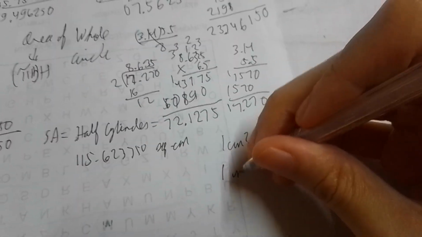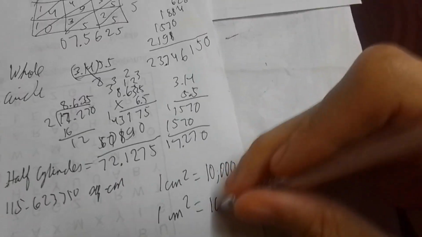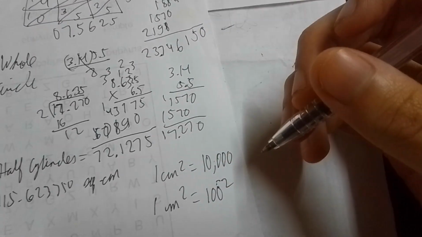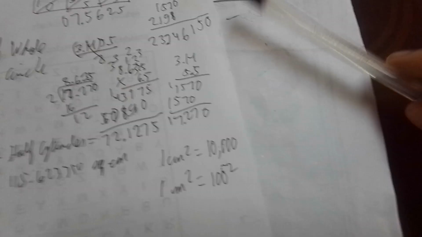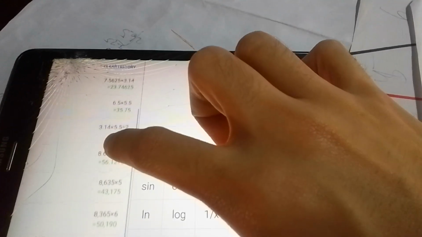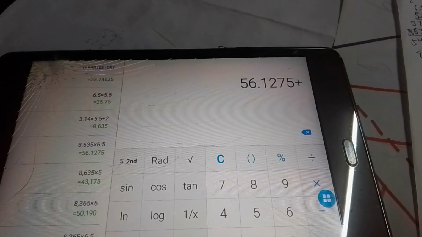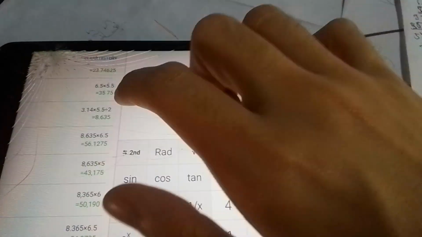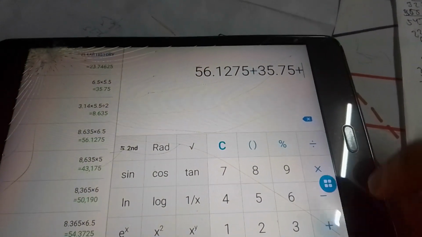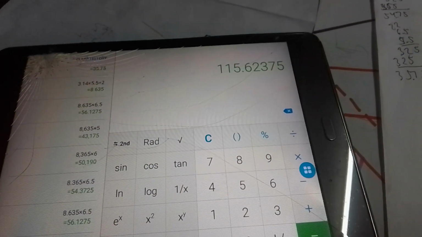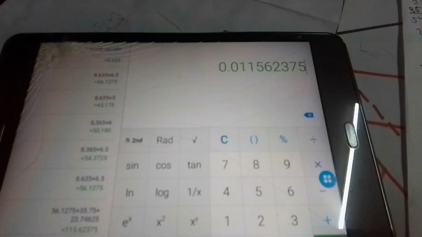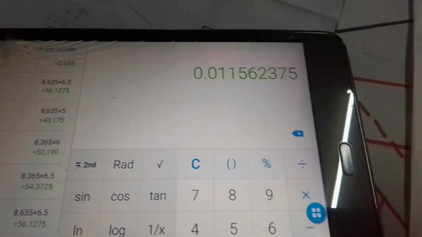Remember, 1 meter is 100 cm, but squaring it will give you 10,000. So therefore, we divide our answer by 10,000. This should be our answer in square meters.